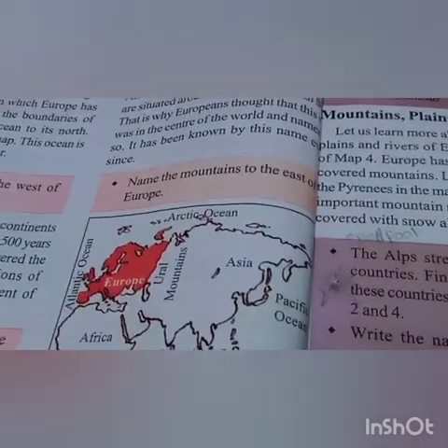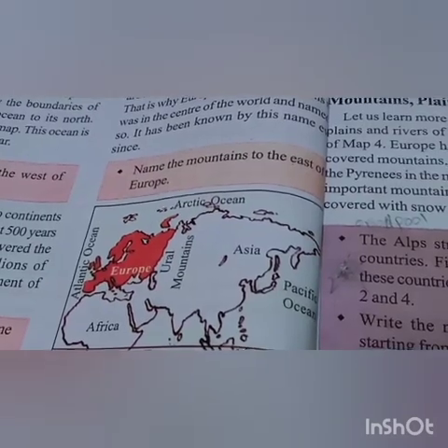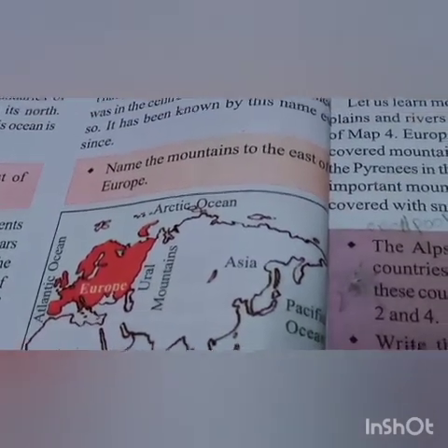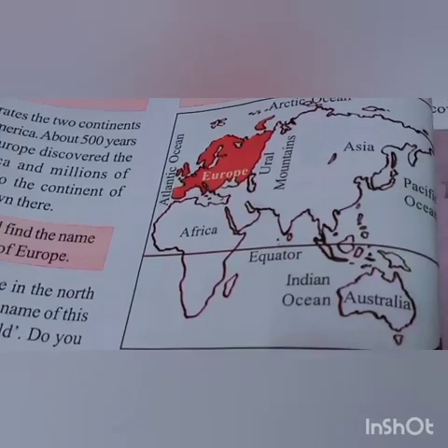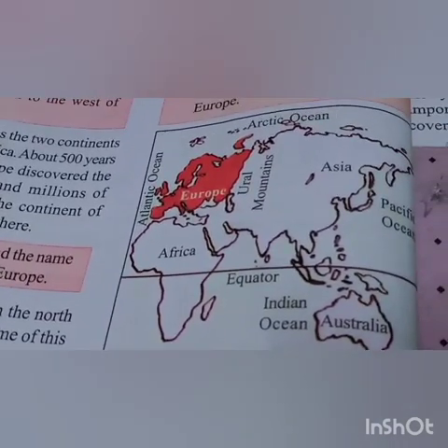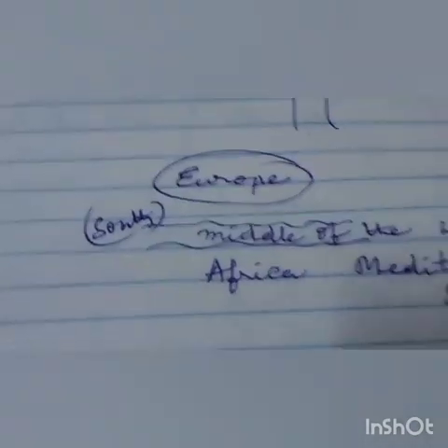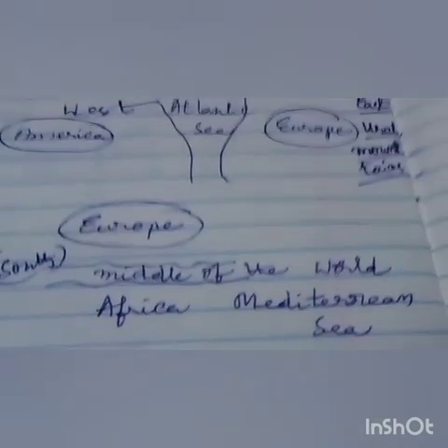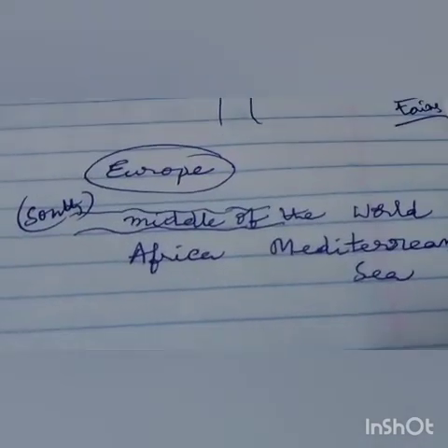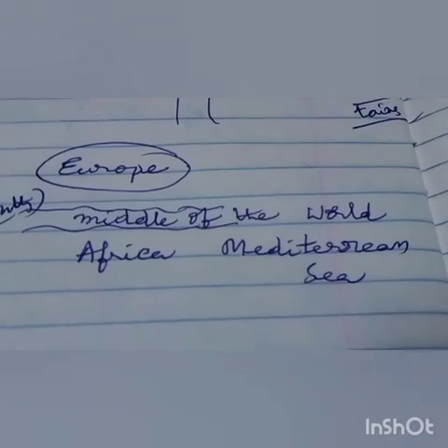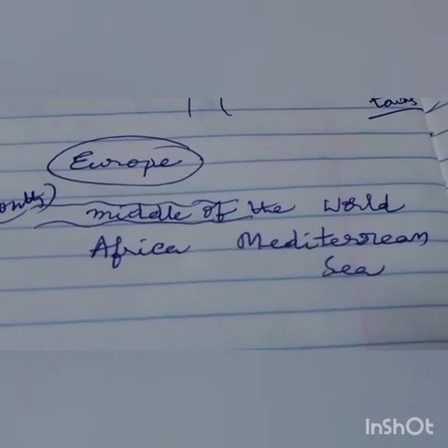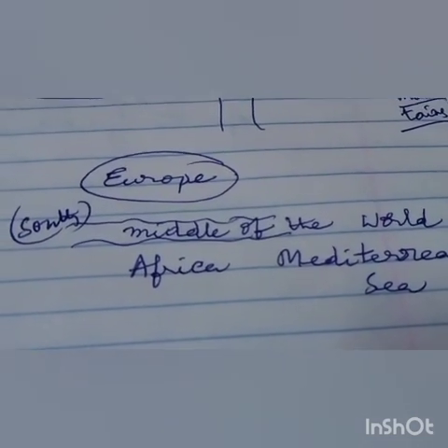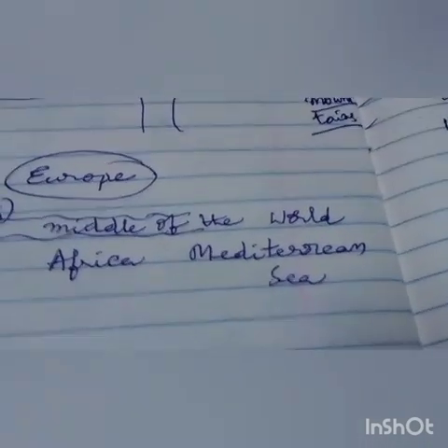And on the northern side there is the Arctic Ocean, and on the southern side, observe here, this is Europe, and the part which lies between Europe and Africa, which was called the middle of the world, is known as the Mediterranean Sea.